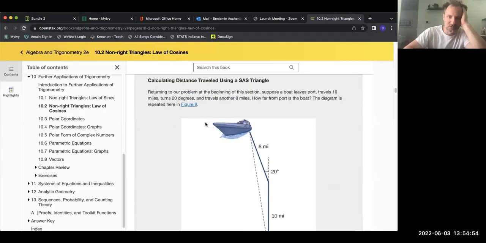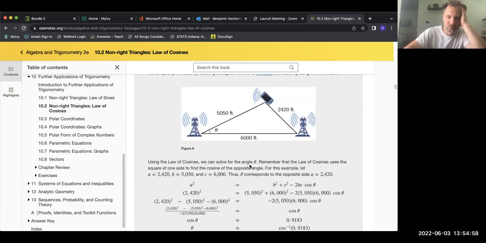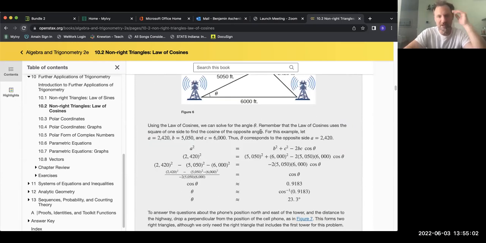So we go over here and click on show hide solution. Okay, so it's a pretty good drawing of what we had. Key, the 2420 is alone there. They do some operation. They move the 5,050 squared and the 6,000 squared over here, end up with the 23.3 degrees.